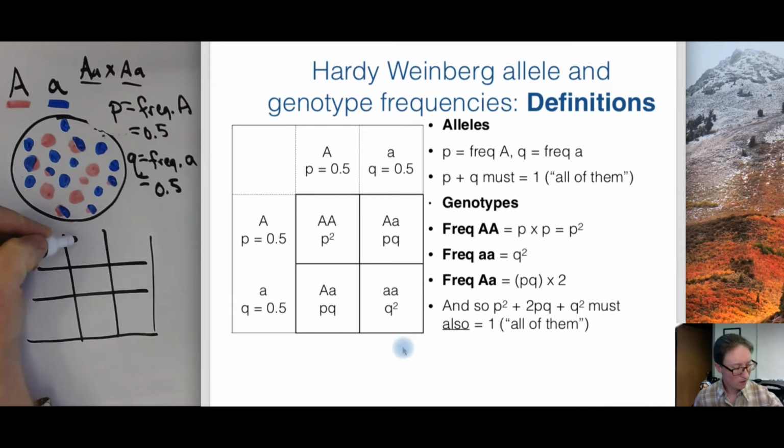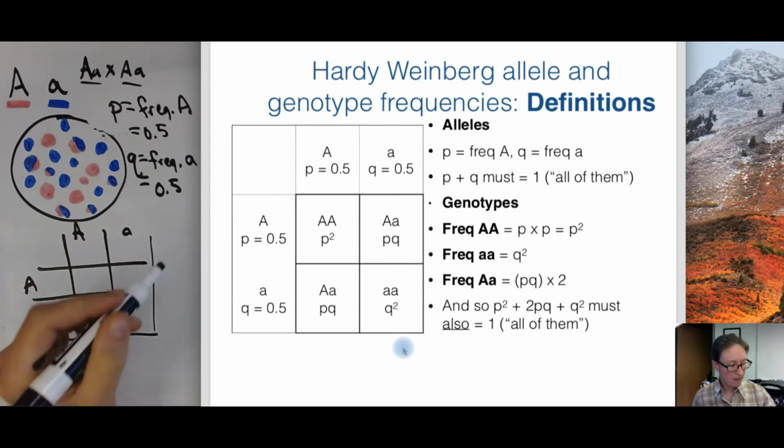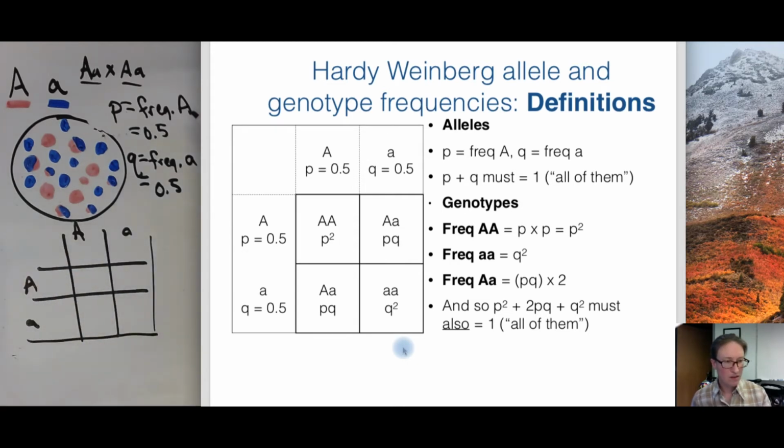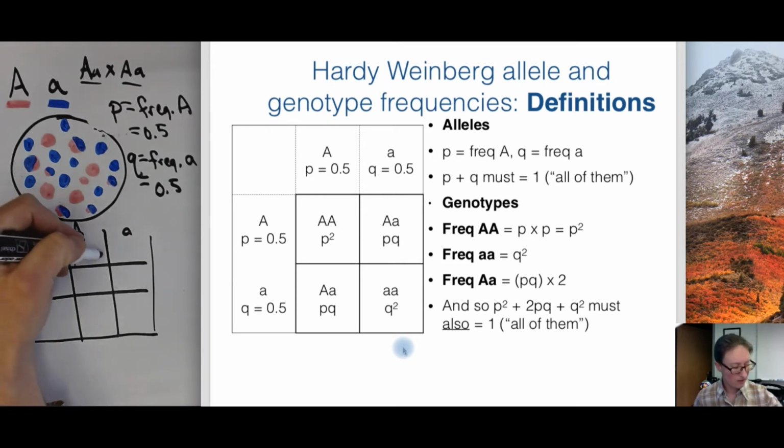Okay, so we have big A and little a. And if big A is equivalent to P, 50% of the alleles in the population are the big A allele. So this is P, and that's equal to 0.5.